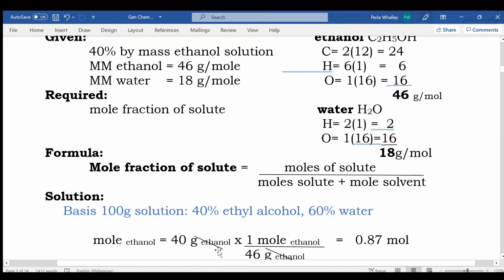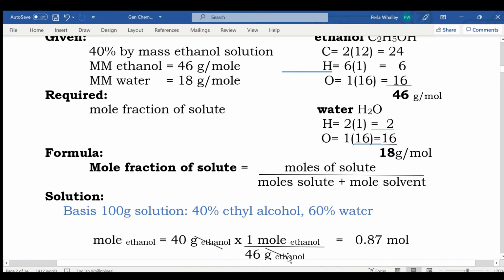40 grams of ethanol times, this is now the molar mass. In 1 mole of ethanol, there are 46 grams of ethanol. Why did we not put 46 grams on the numerator? If we put it there, we cannot cancel the grams ethanol.